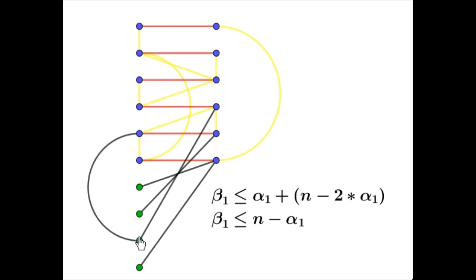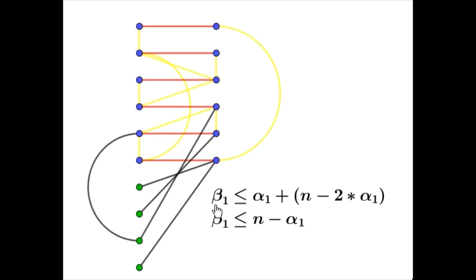So you can cover this using this edge or this edge, it doesn't matter, but ultimately we need to minimize the cardinality of this edge cover, and therefore we need to select exactly one, right? So using n minus 2 alpha 1 black edges, we will be able to cover all these green vertices also.